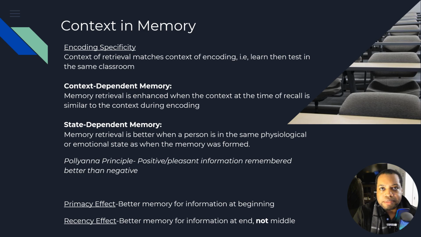So perhaps if you were very happy during the encoding of a certain memory, if you're happy, you may be able to retrieve that particular memory, or the memory of that particular context and that emotion, that affective context, then you would recall it more easily. So the Pollyanna principle relates to, I would say, a bit of a bias towards positive and pleasant information from experienced events and from information.